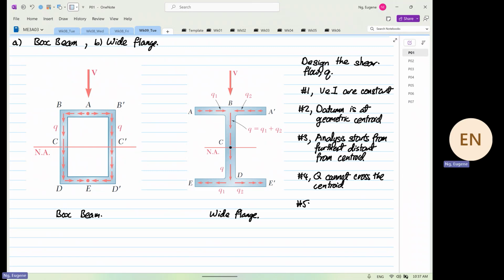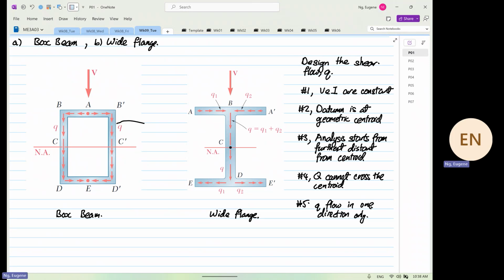Rule number 5, Q flows in one direction only. Still valid. The next thing, to apply thin wall, we need to have more things.